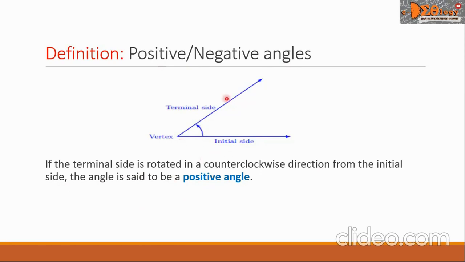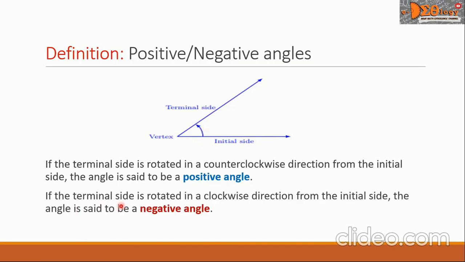In our figure here, the initial side is fixed horizontally, then the terminal side is rotated on a counterclockwise direction. The angle formed here is positive. If the terminal side is rotated in a clockwise direction from the initial side, the angle is said to be a negative angle.